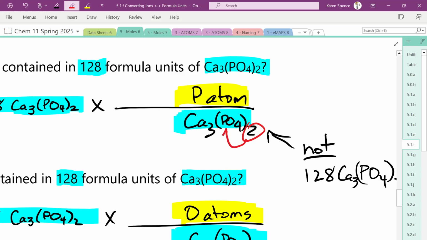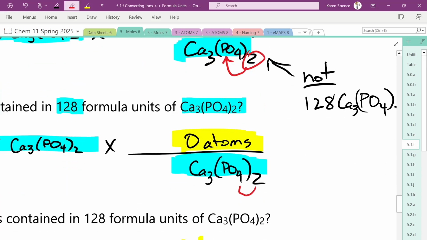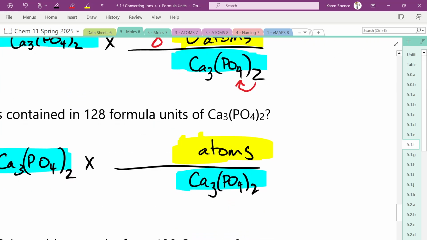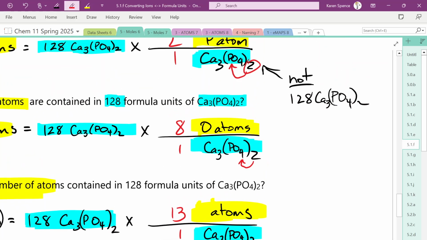There are 2 Ps. There are 2 times 4 is 8 Os. And then we calculated earlier that there were a total of 13 atoms in that thing. So these are all 1. Is that good? Okay.